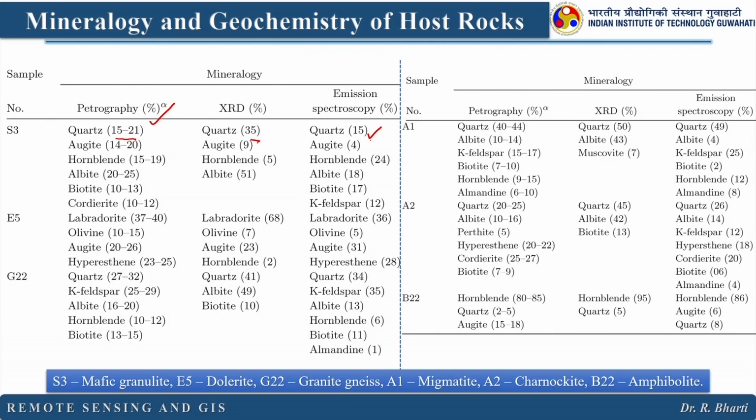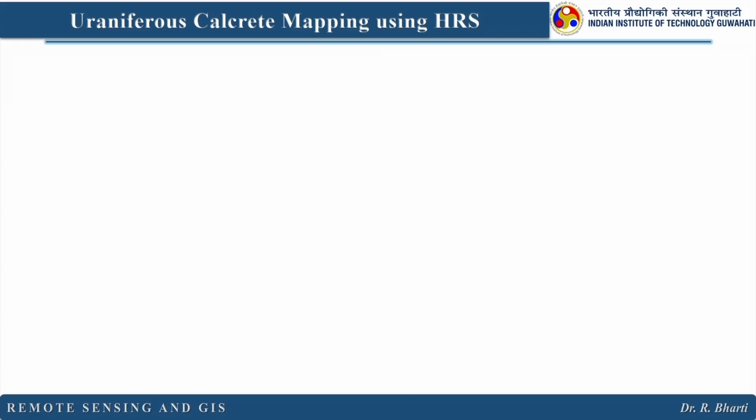Similarly, petrography, XRD and emission spectroscopy results were compared in this particular table, where S3 is for mafic granulite, E5 is dolerite, G22 is basically granite gneiss, A1 is migmatite, A2 is charnockite, B22 is amphibolite. So, this was very good work towards proving that spectral unmixing can give you good results which can match well with your conventional instrument results.